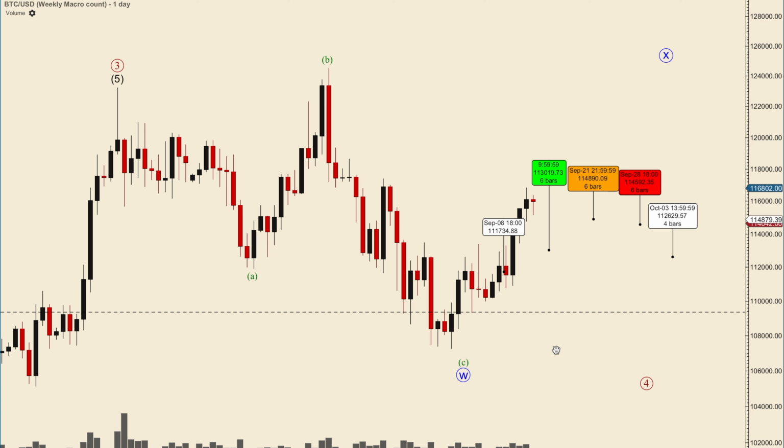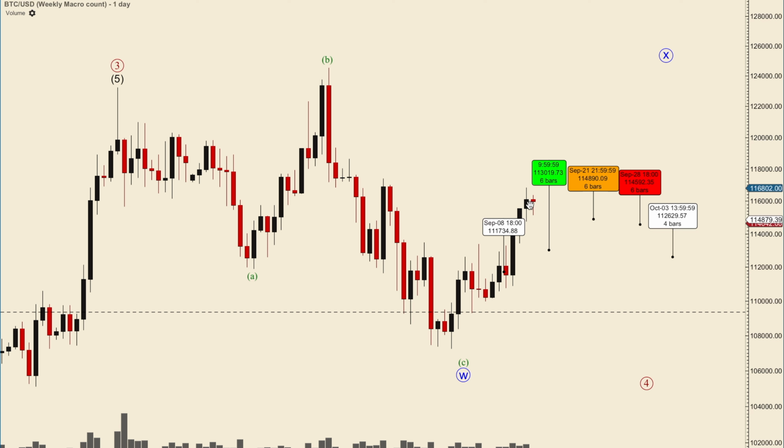So here you can see that we had a fib time here on September 8th, and after that we moved in a sideways structure, and right after this we moved up. After this fib time was over, you could argue that this is basically the end of this part, and we're moving up.